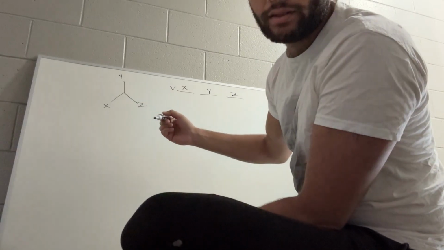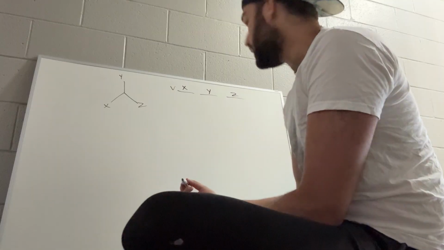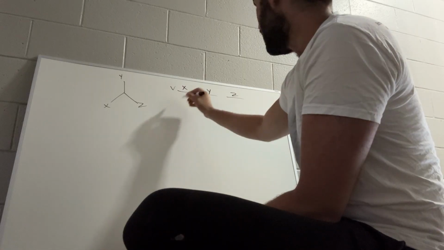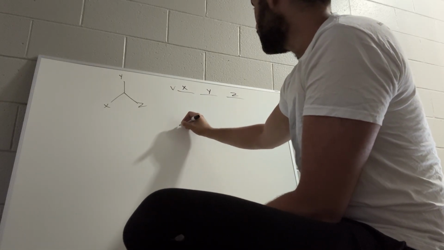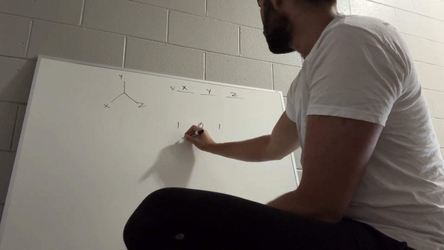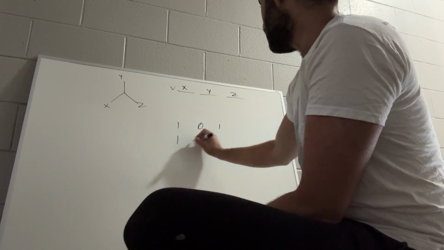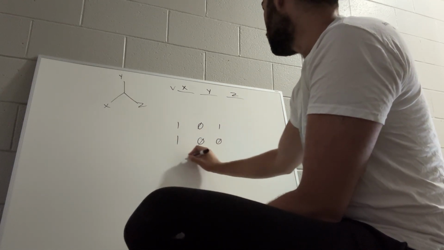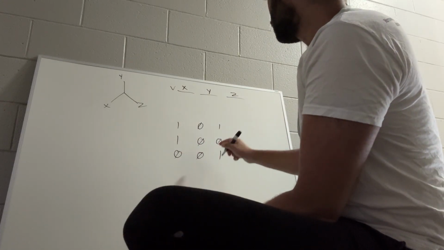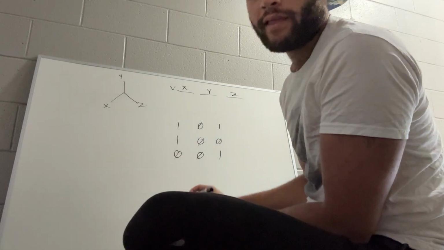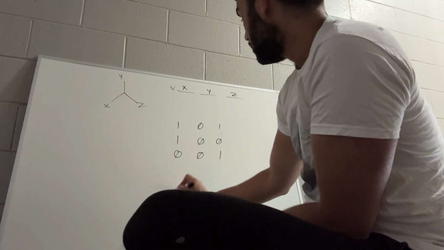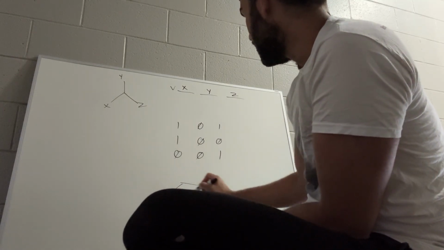So I think how that's going to work is, if your vertices are 1, 0, 1, and then 1, 0, 0, and then 0, 0, 1, your 3 points are going to be on this plane.